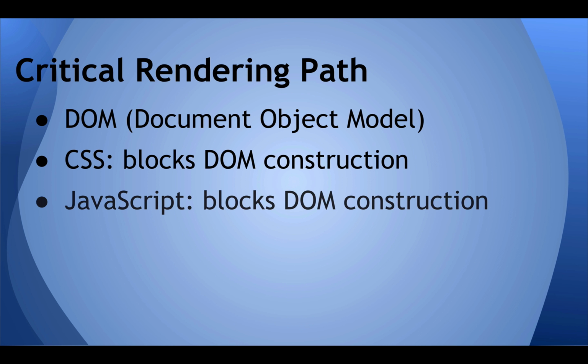The same thing with JavaScript. If your browser encounters a call to a JavaScript file, then it makes that call and waits until the JavaScript is fetched and then processed, and then your DOM construction can resume. So you see that if you have a lot of external CSS calls, JavaScript calls, all these things can slow down your browser. If you just have a few such calls, they're pretty quick, but they can add up.